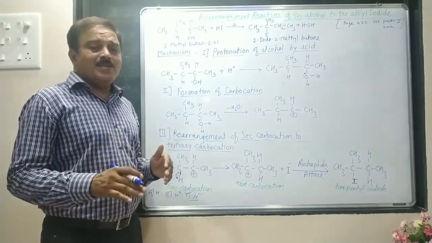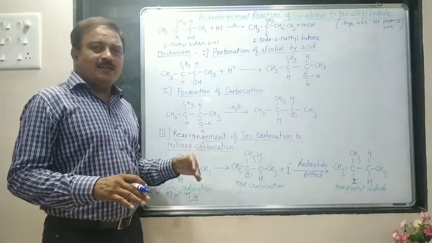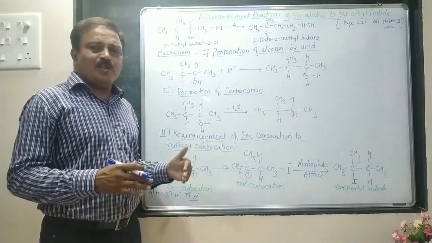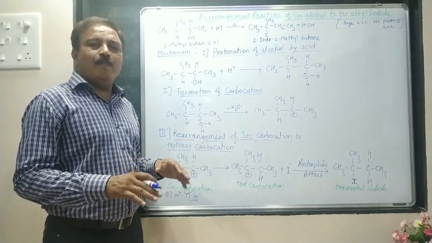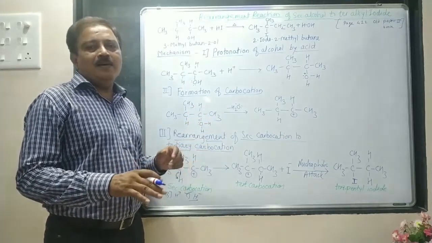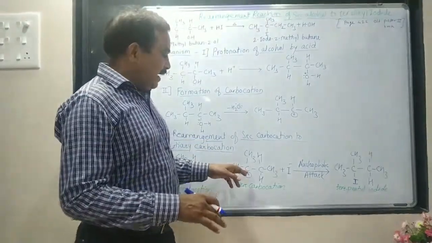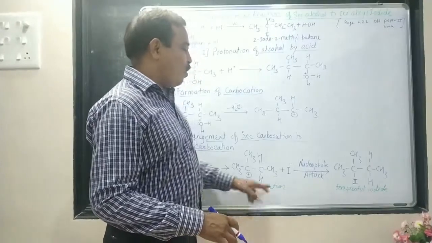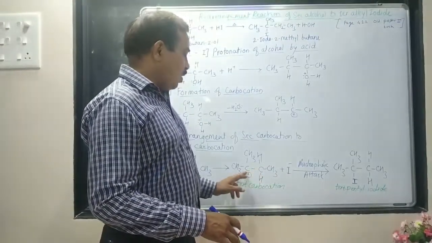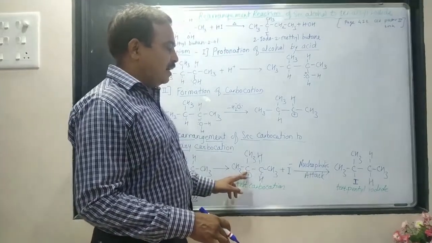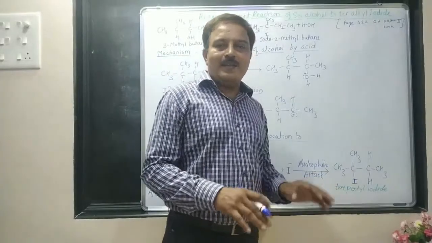Tertiary carbocations are more stable than secondary, and secondary is more stable than primary, which we explained with the help of the plus I effect of the CH3 group. As this tertiary carbocation is formed, a nucleophilic attack, that is I minus attack, takes place on the tertiary carbocation, this carbon atom, and finally tertiary pentyl iodide is obtained.